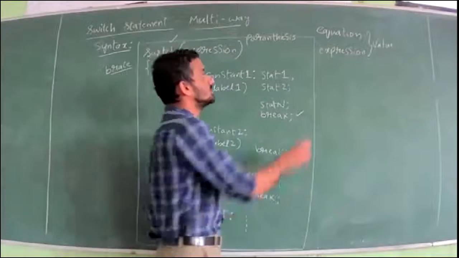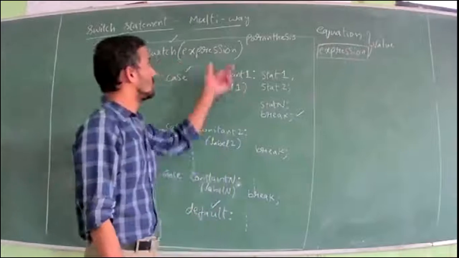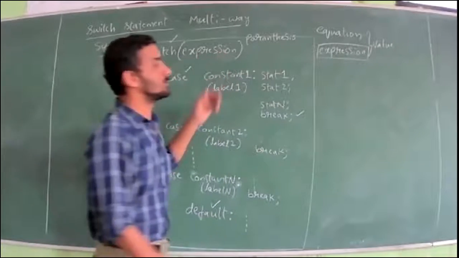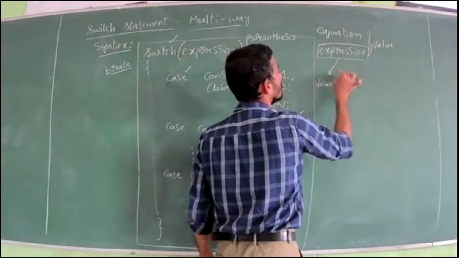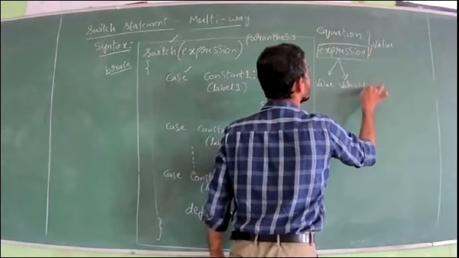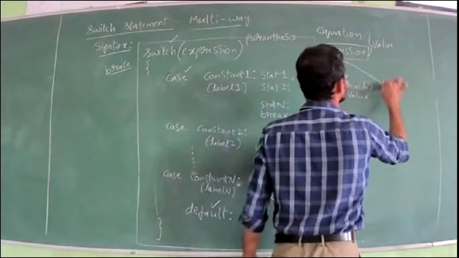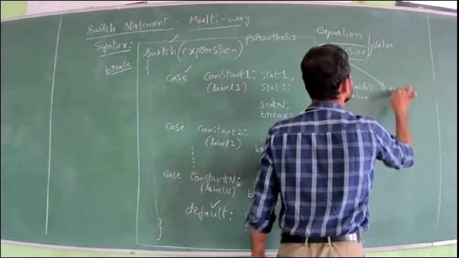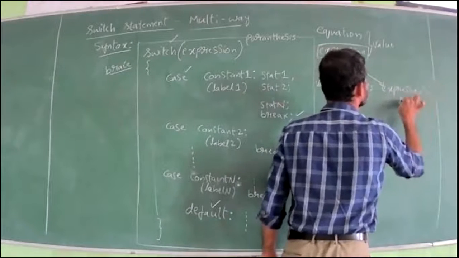And if we consider a programming language, that is C++, this expression can be a direct value, or it can be a variable's value, or it can be an expression's value. Understood?